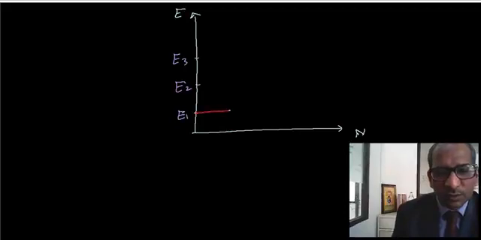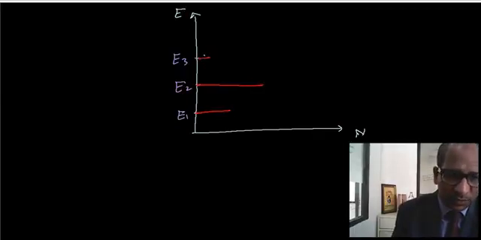Now E1 is smaller as compared to E2, and E3 is already small. And this is N1, and this is N2, and here this is N1.